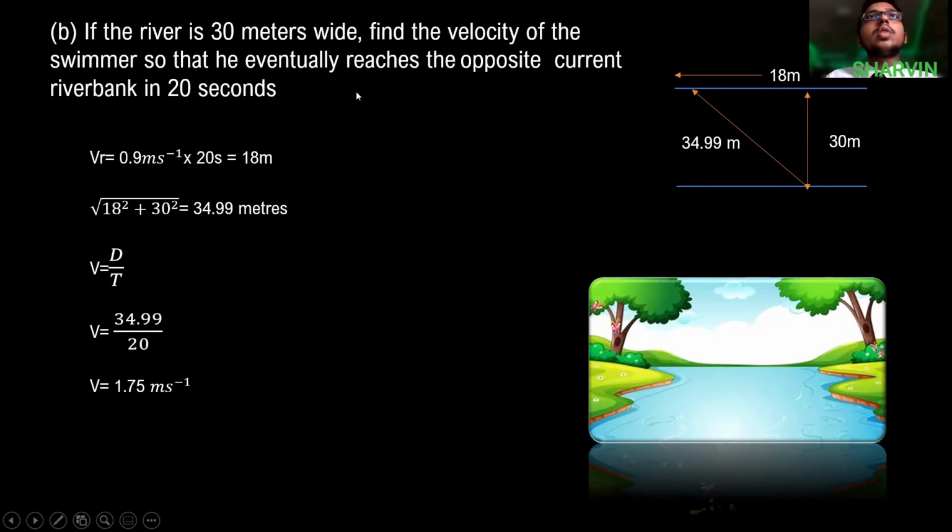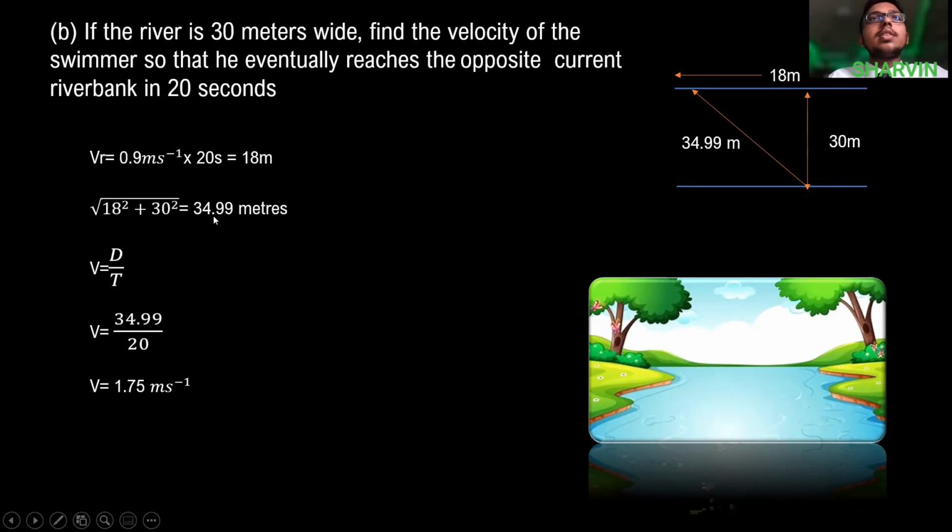So we know that the river is 30 meters wide and the distance due to the velocity of the river is 18 meters. So we can use the Pythagoras theorem method also. Square root of 18 squared plus 30 squared equals 34.99 meters.